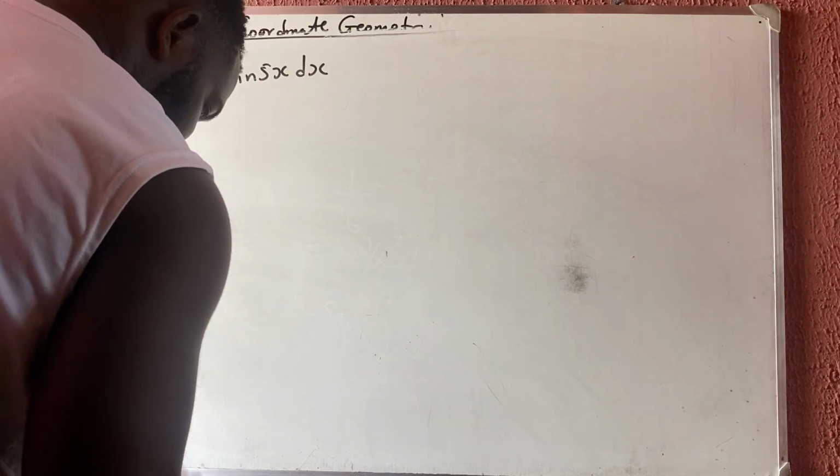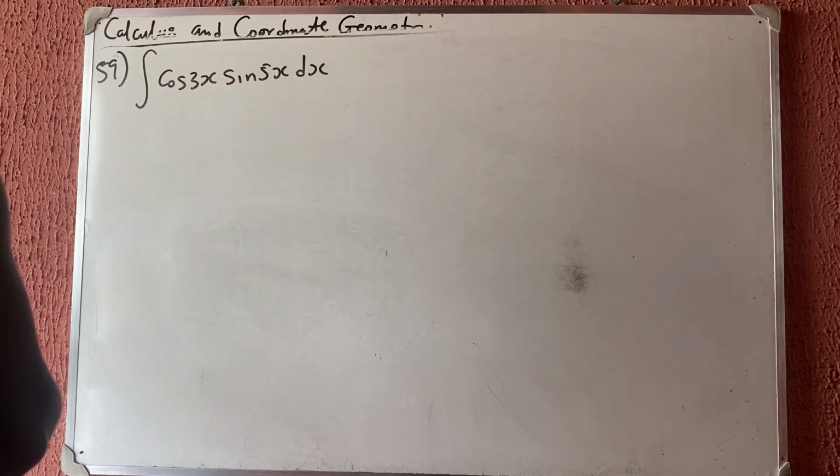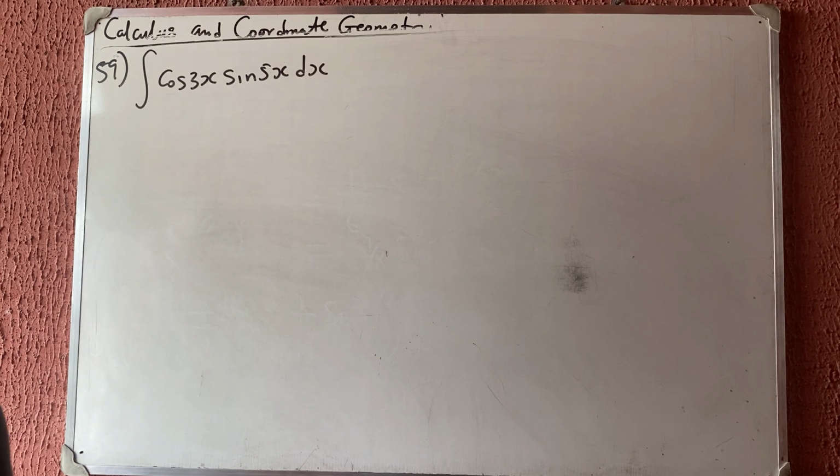So now you need to know the standard integral for cos and sine. It's not really something difficult, but you need to know it, and I don't want to start deriving it now. So let me just quickly find it here.